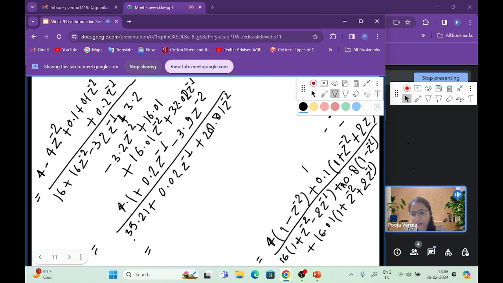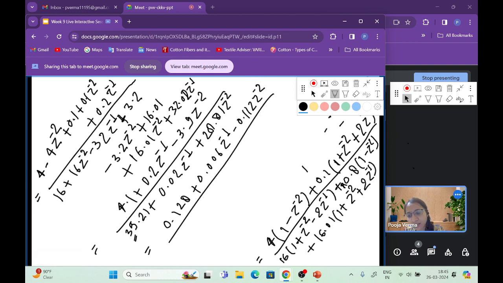We have to take 1 here, so in the numerator and denominator both, divide by 35.21. Then we will get the approximate value 0.128 plus 0.006 z inverse minus 0.112 z to the power minus 2.